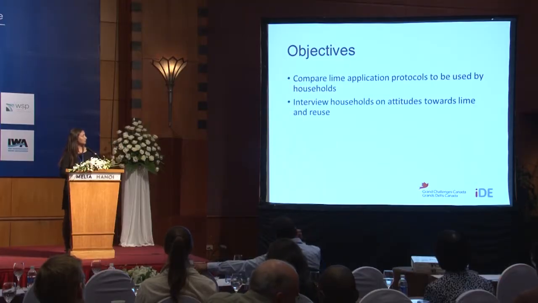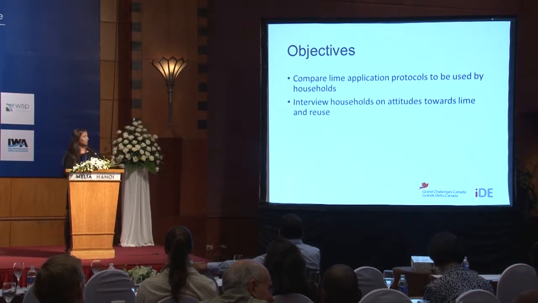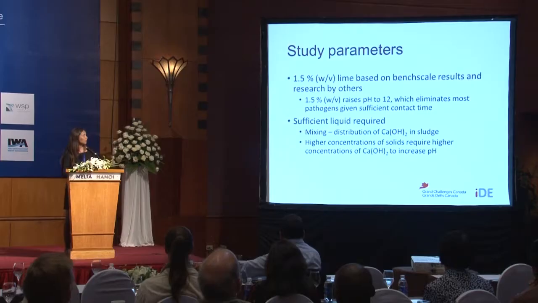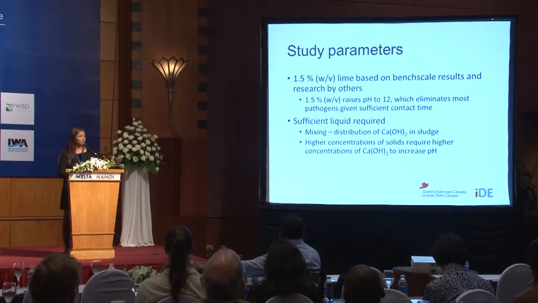So for the household tests, here's some information on that. We wanted to compare a few different lime application protocols to be used by households, and also interview households on their attitudes towards lime and waste reuse. Based on the bench scale results, we had a value of about 1.5% weight per volume of the lime to use.